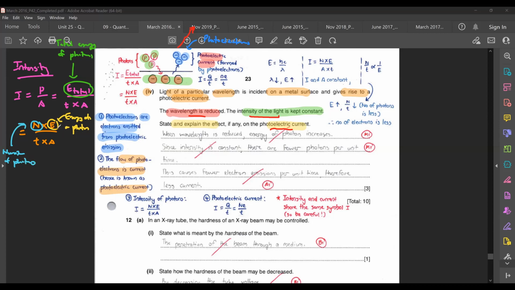Right now there are certain things that you want to look at.